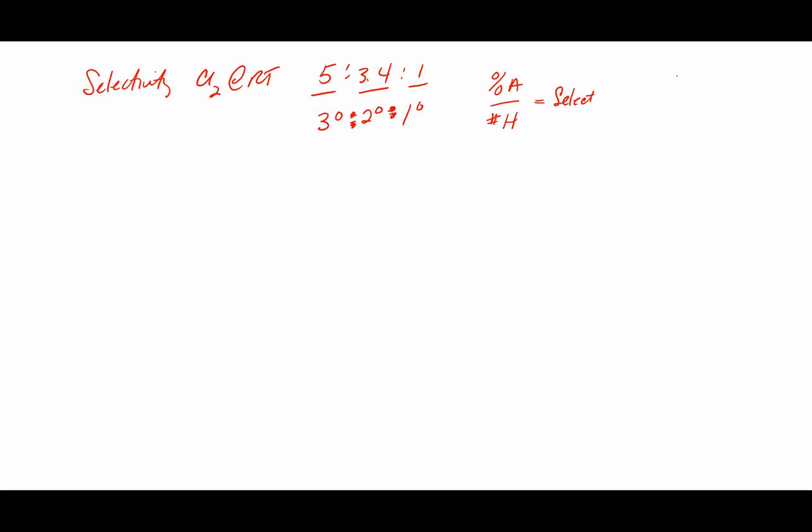If I rearrange the equation, I can calculate the percentage of A by taking the selectivity and multiplying it by the number of hydrogens that give that product. Then I apply this formula to the molecule, and the position with the highest number is going to be the major product.